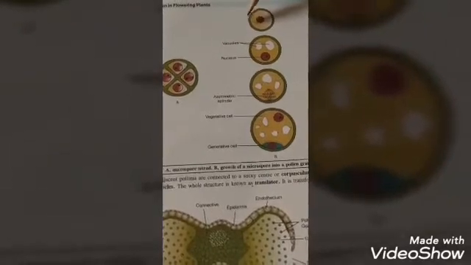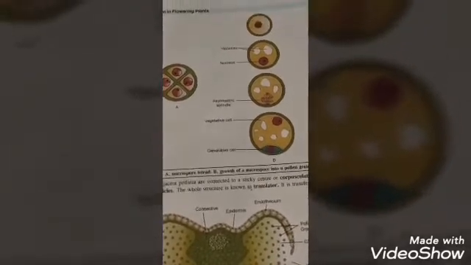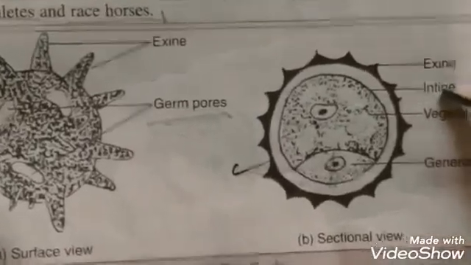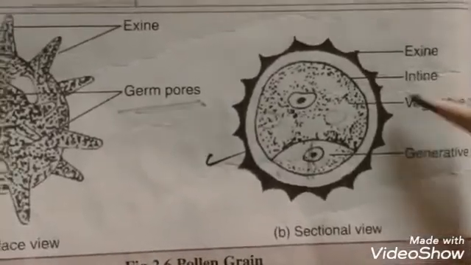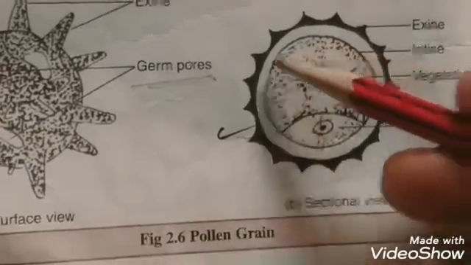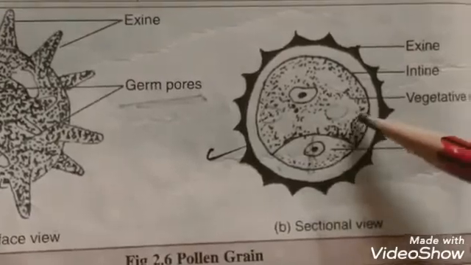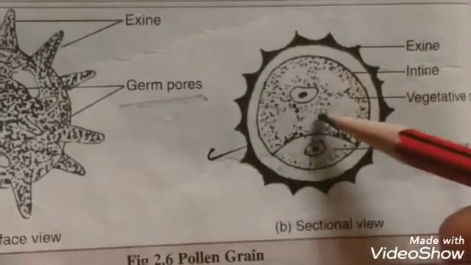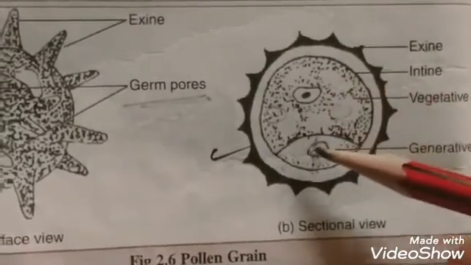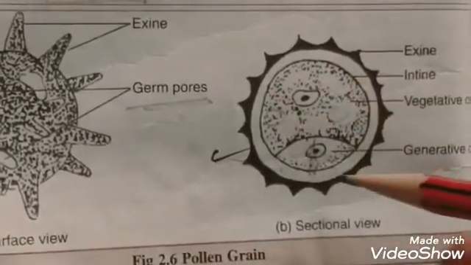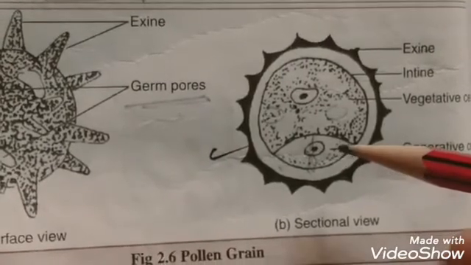Outermost layer is called exine. Inner layer is known as intine. And inside the intine there is a cell membrane, and inside the cell membrane there is cytoplasm and nucleus. It is the simple structure of a pollen grain.